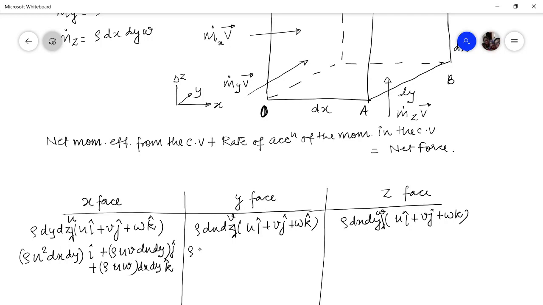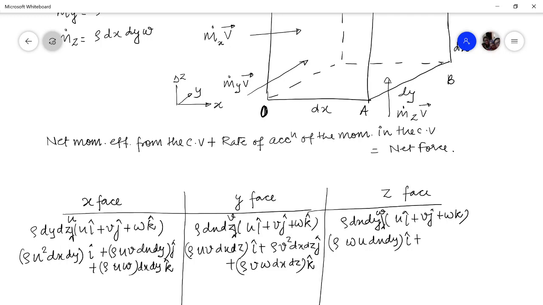Likewise here it is rho uv dx dz i plus rho v square dx dz j plus rho vw dx dz k, and for the z face it is rho wu dx dy in the x direction, rho wv dx dy in the y direction, and rho w square dx dy in the z direction.